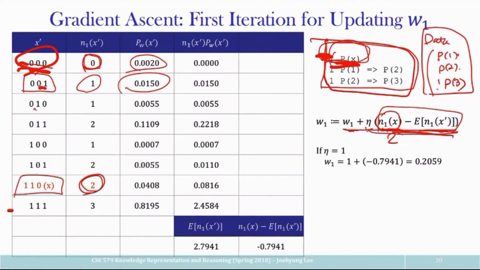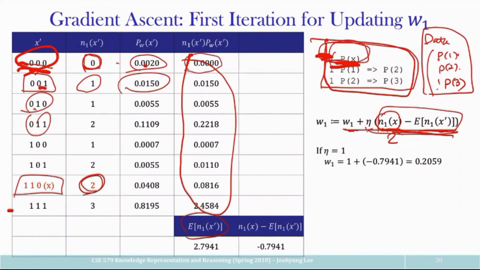Okay, so let me continue. You compute everything, then you can find the expected value, which is just the sum over all these things. So this one gives the probability of having the first interpretation multiplied by its N1 value. This is with respect to the second interpretation, and so on.